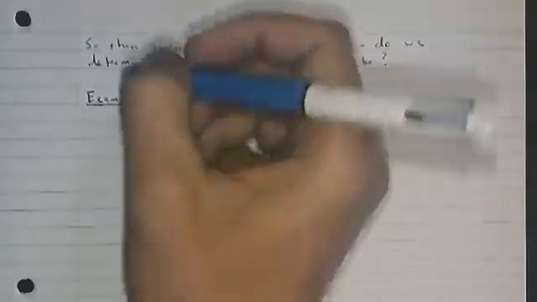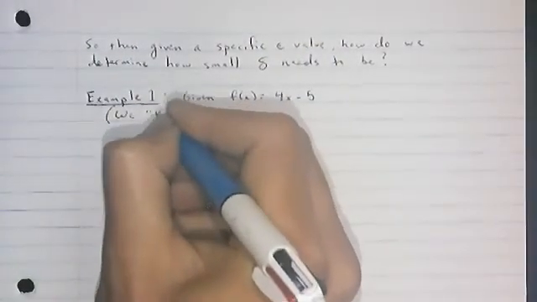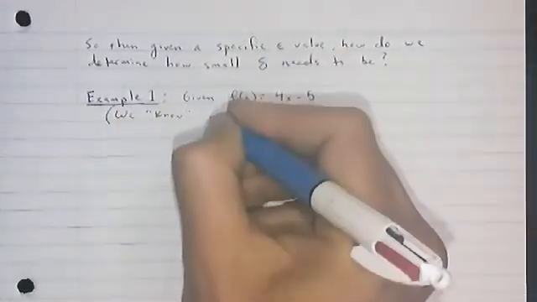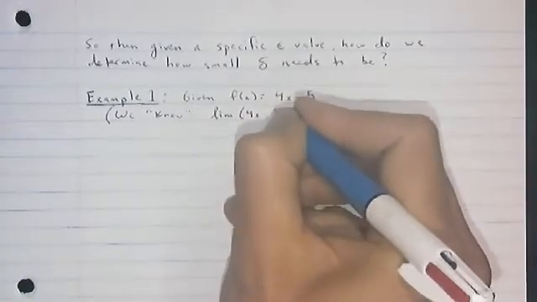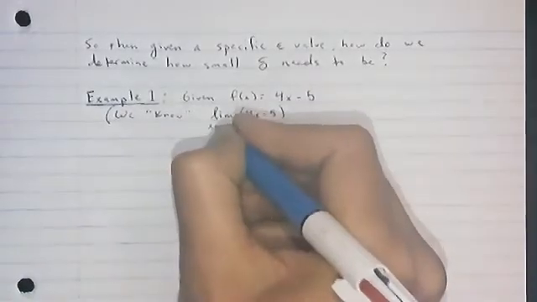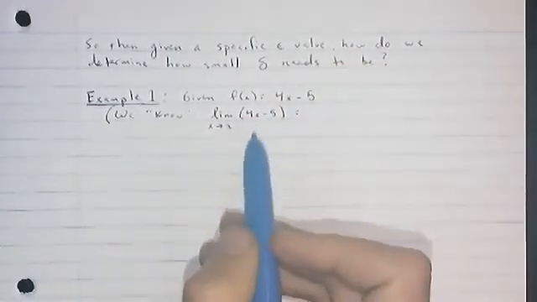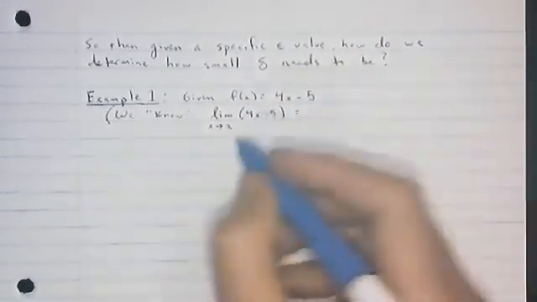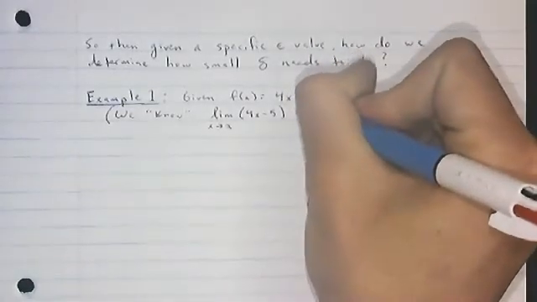And since we're doing this after we've already looked at limits, let's just tell ourselves that we know that the limit of 4x minus 5 as x approaches 2, this is plug and play all day. 4 times 2 is 8. 8 minus 5 is 3.